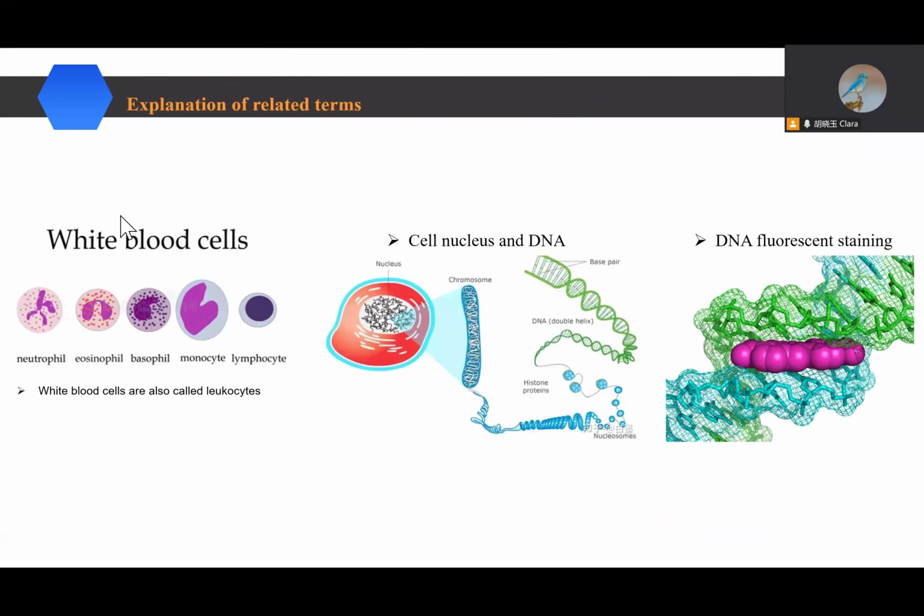The related terms: the white blood cells have DNA and RNA in the nucleus. And how we stain the DNA is like this: the purple ones are the fluorescence dyes, which bind in this way.